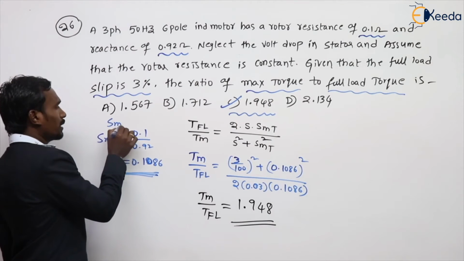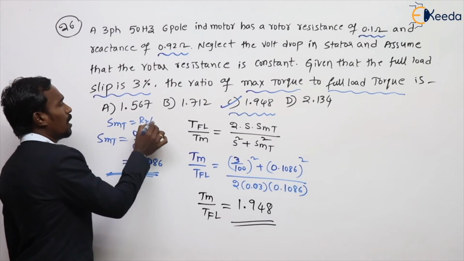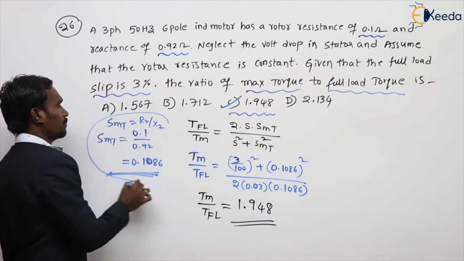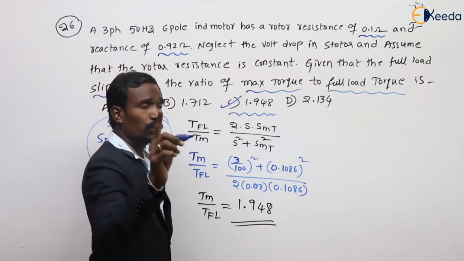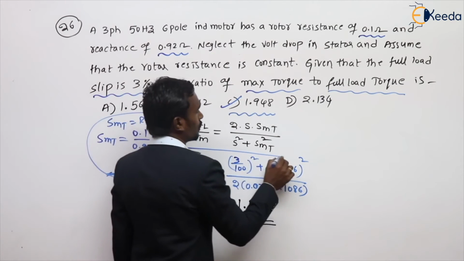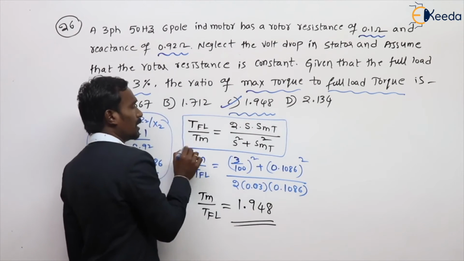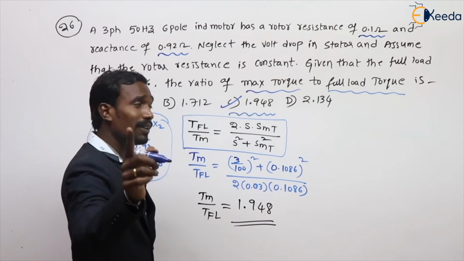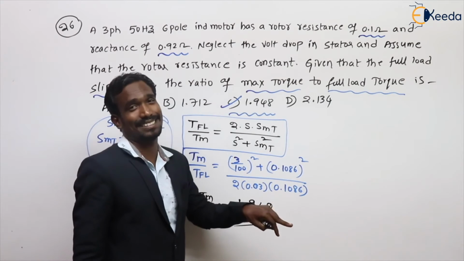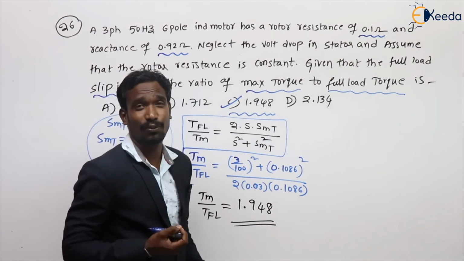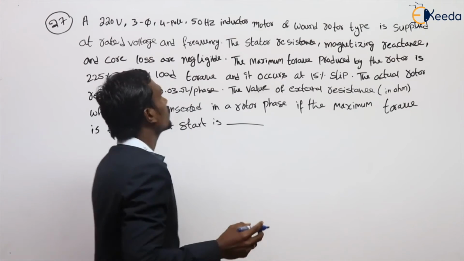Here you should remember that SMT is equal to R2 by X2. From this we get the SMT and we can get the ratio. But don't get confused. We know the ratio of full load torque to the maximum torque, but they will ask you maximum torque to the full load torque ratio in reverse. Be careful.